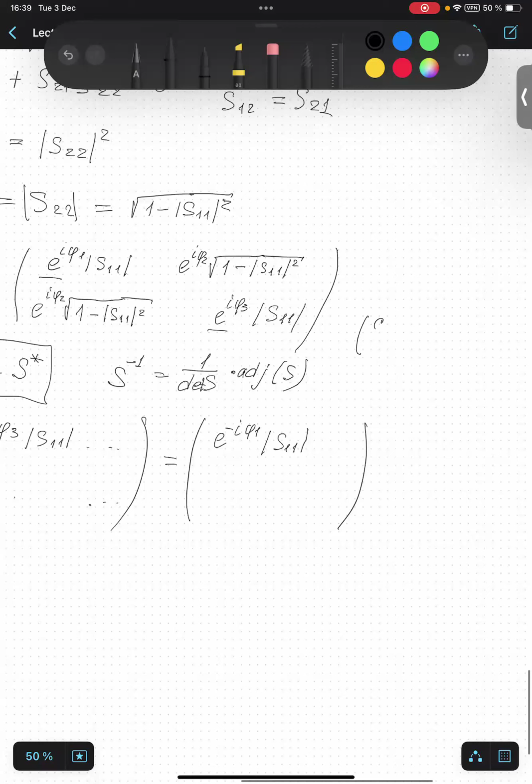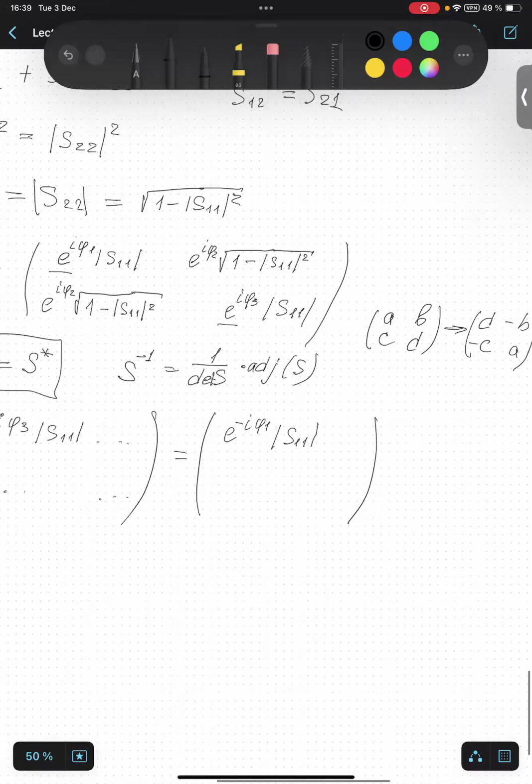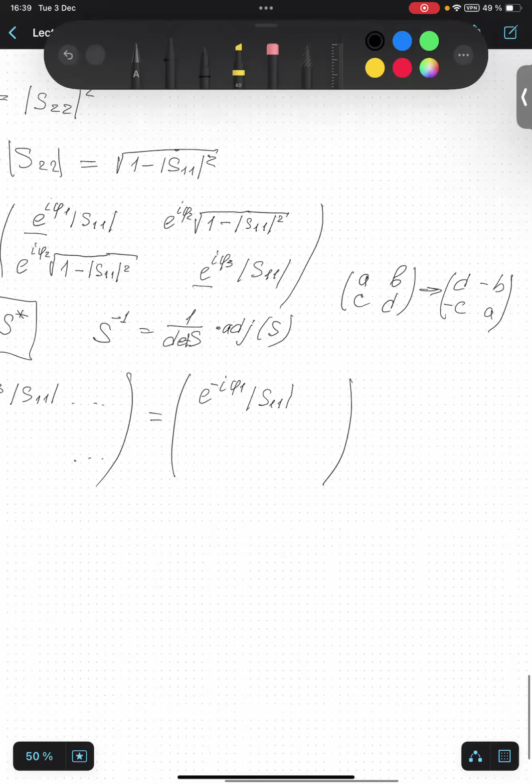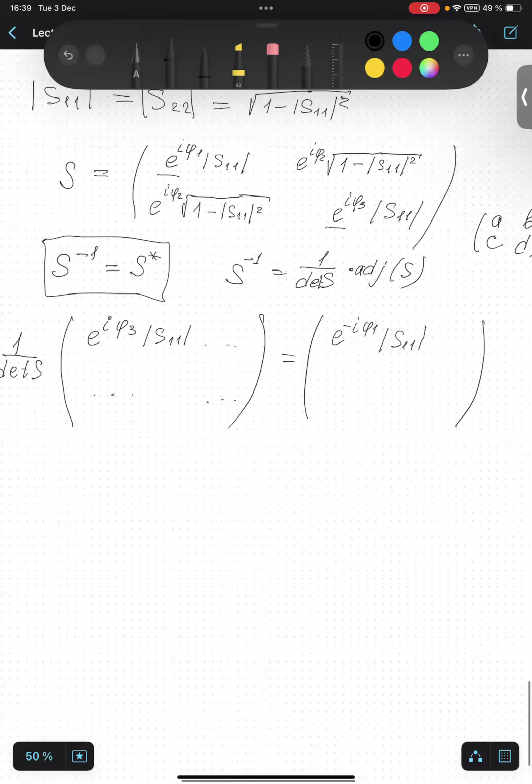When you have matrix A, B, C, D, the adjugate matrix will have the following form: D, minus B, minus C, A. So here's the D component of the matrix. So here's the phi3. Now it's clear? Yes, thank you.